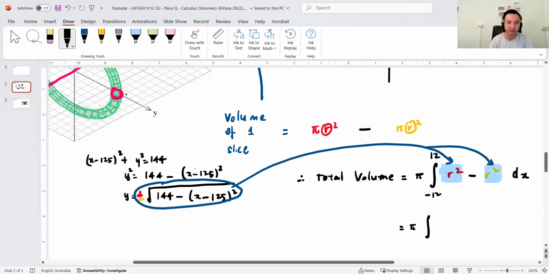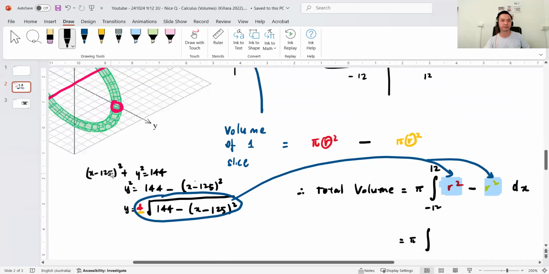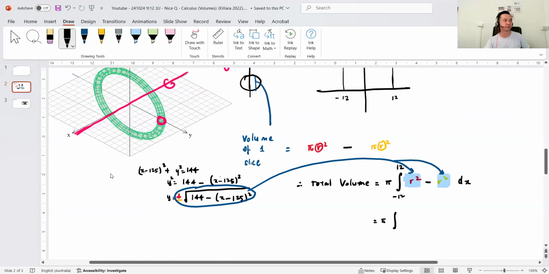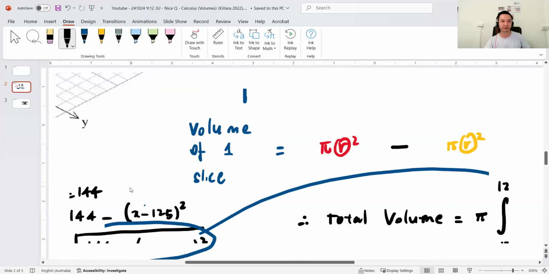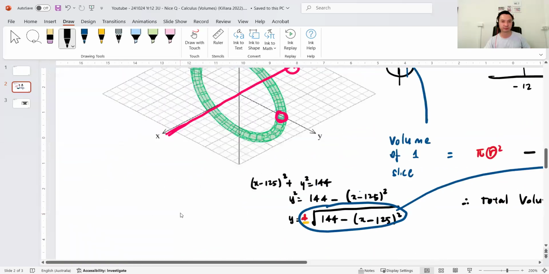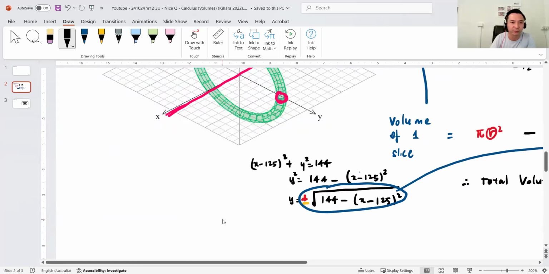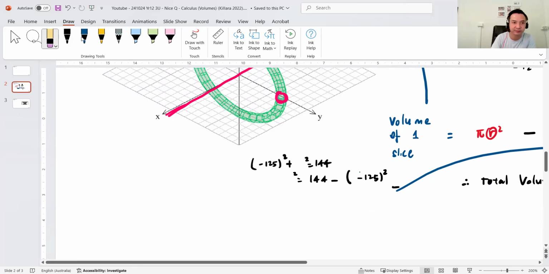Now let me just check this. Oops, guys, I got my algebra here wrong. So this was y, let me just clean this up. My apologies.